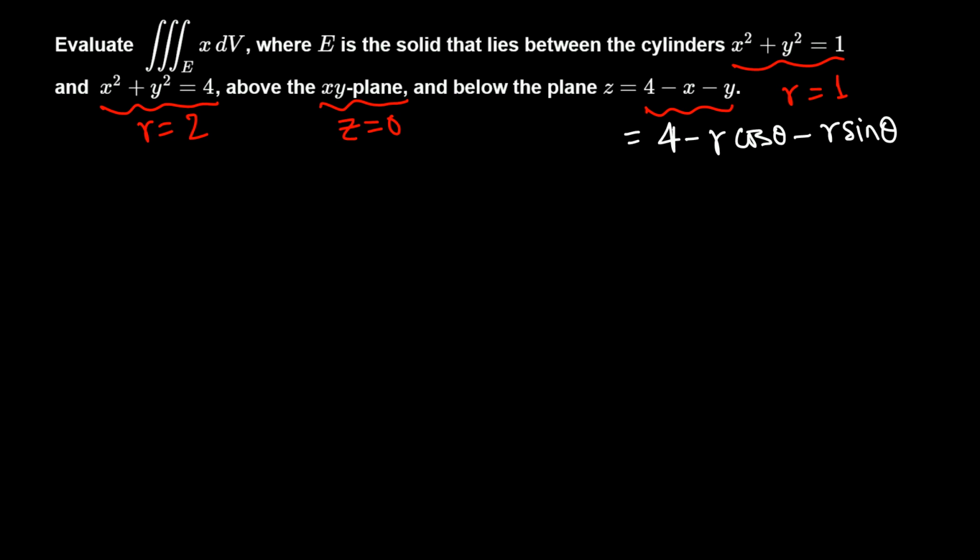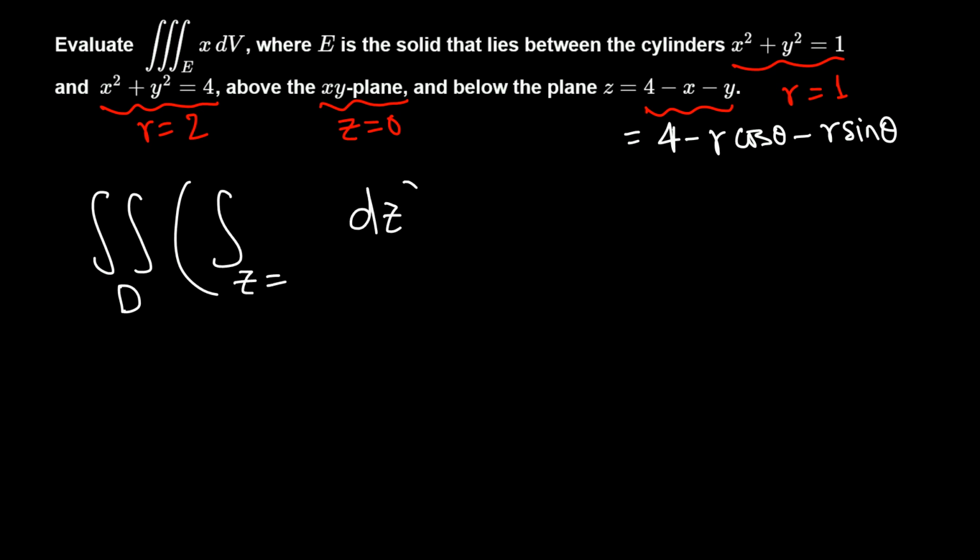This triple integral we can always write as a double integral, then dz, and the function is just x. Let me write x for now, and this double integral is in terms of this area, and z above the xy plane, so z equals 0 to here.